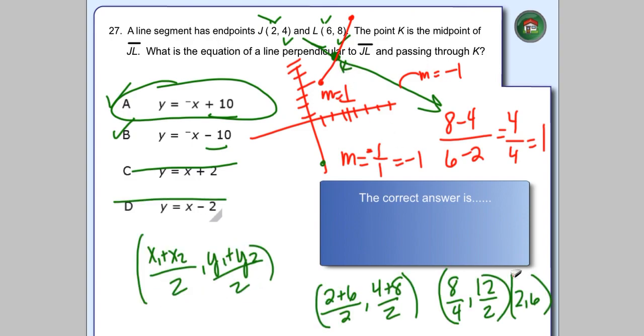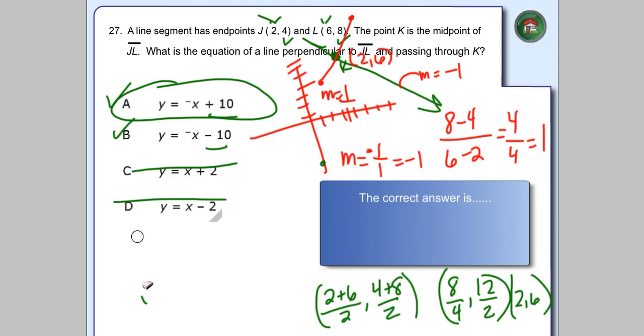Let me go back. So the ordered pair here was 2, 6. So you would want to find the equation that goes through 2, 6, but has a slope of negative 1. So here's the equation. Negative 1 is the slope, and it passes through 2, 6.